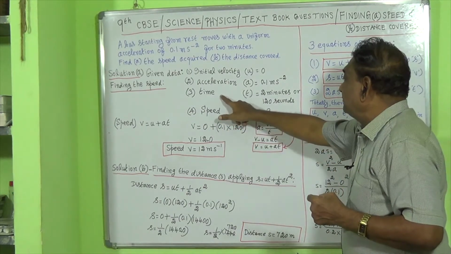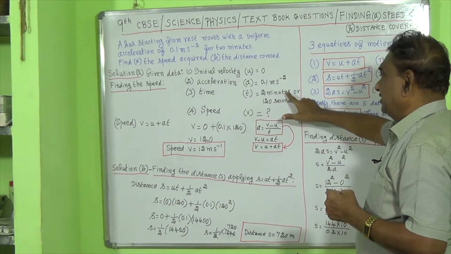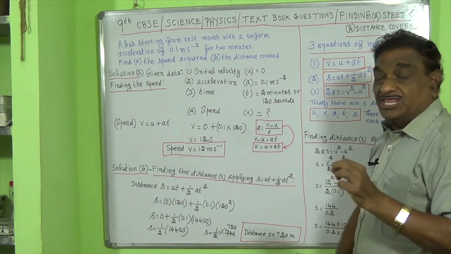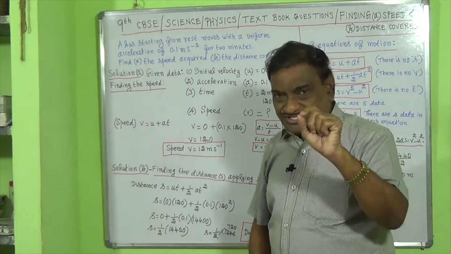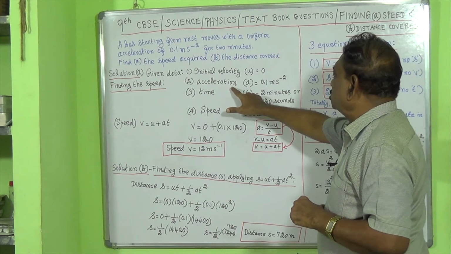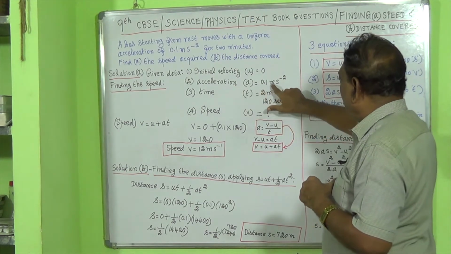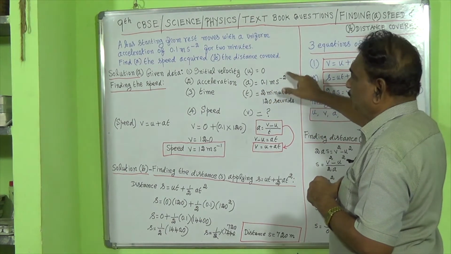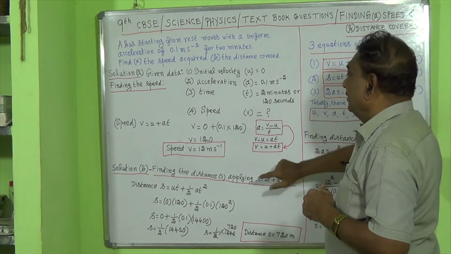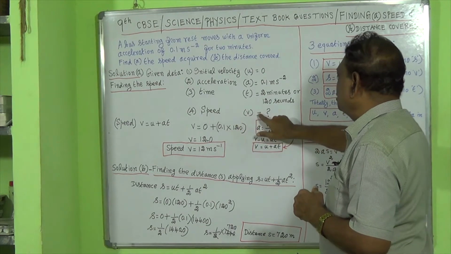What is the time? 2 minutes, that is 120 seconds, because the correct unit of time is second. Moreover, the acceleration is also given in meter per second square, so we are writing the unit in seconds. The speed v is question mark.